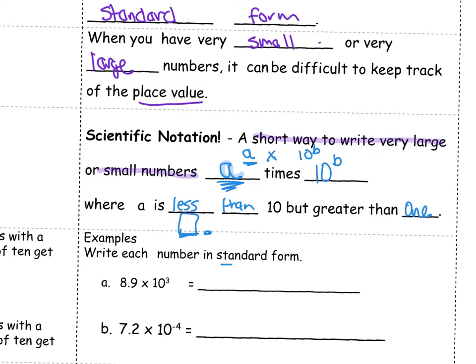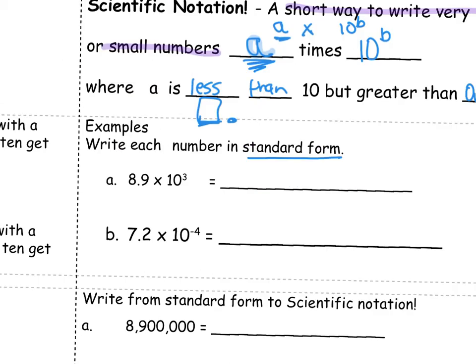So writing each in standard form. 8.9 is being multiplied by 10 to the third, which is 1,000. So what we know about multiplying by powers of 10 is that for every power of 10, you move the decimal one place greater when it is a positive exponent. So how I do this is, well, we know 8.9 times 1,000.